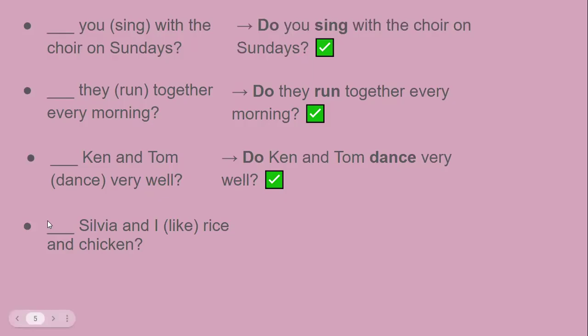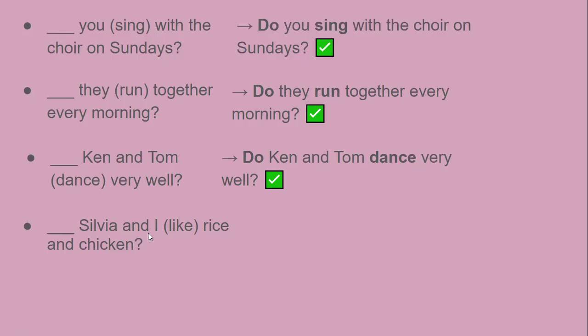Next up, space, Sylvia and I like rice and chicken. You've got Sylvia, it's a she, and then you've got I, in this case, I'm a he, okay? But Sylvia and I, they are both subjects.